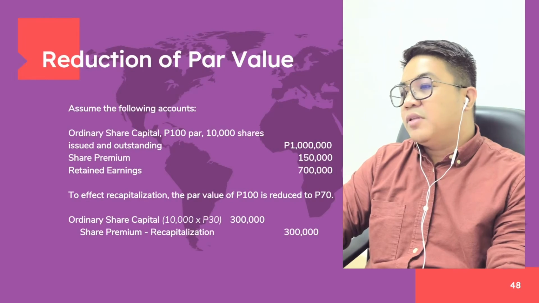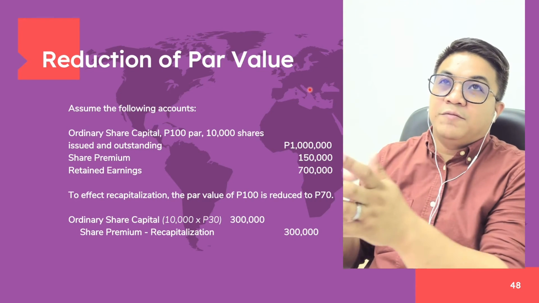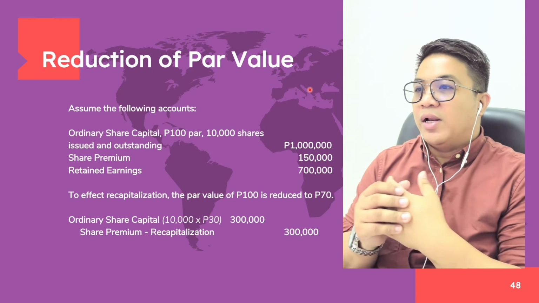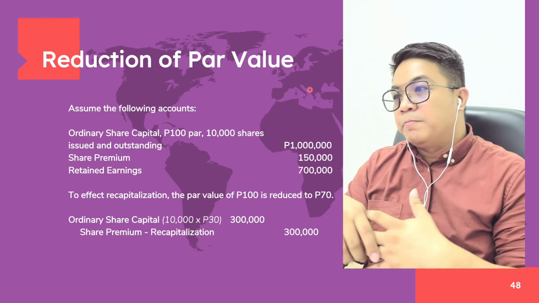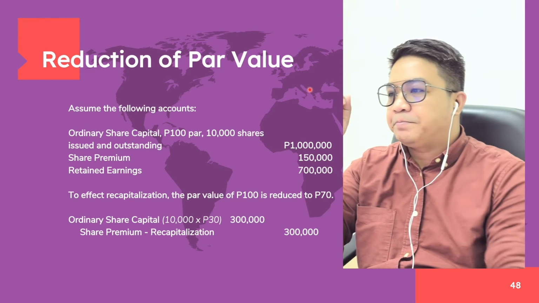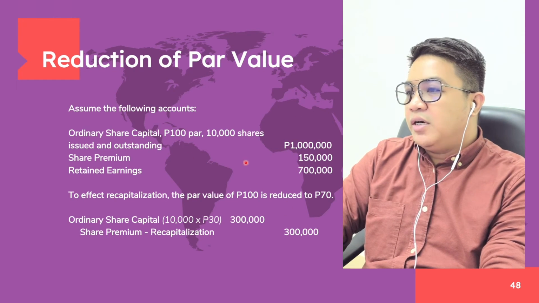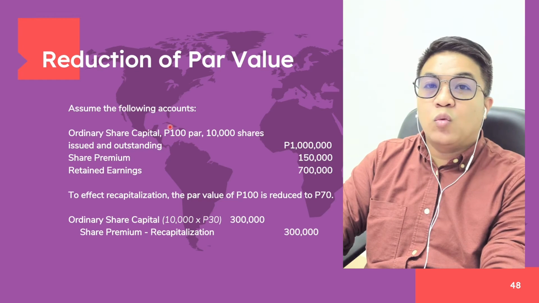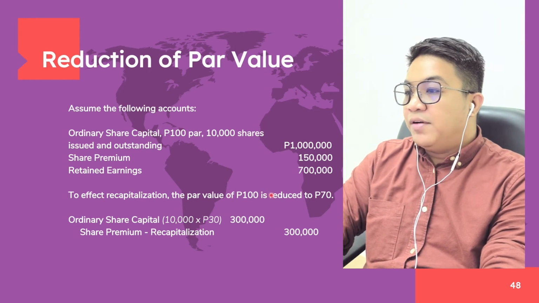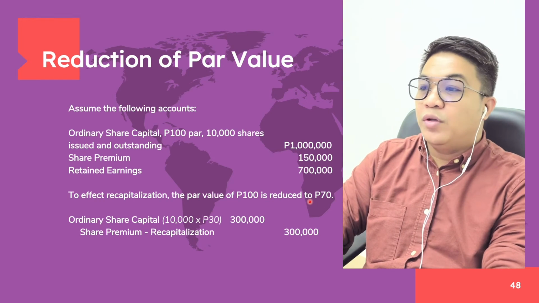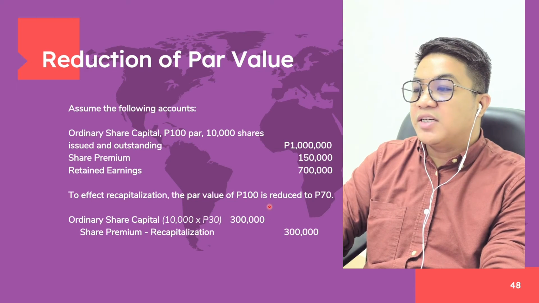Case number 3, reduction of par value. So, there is no conversion from no par to par, or par to no par. The par value is just reduced. Given in the problem, we have ordinary share, with a par value of 100 pesos. To effect this, the par value of 100 is reduced to 70. So, it means we just debit the ordinary share capital.